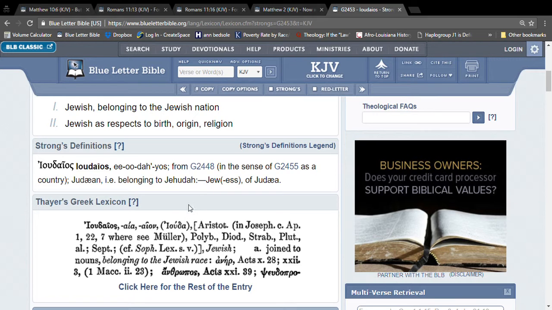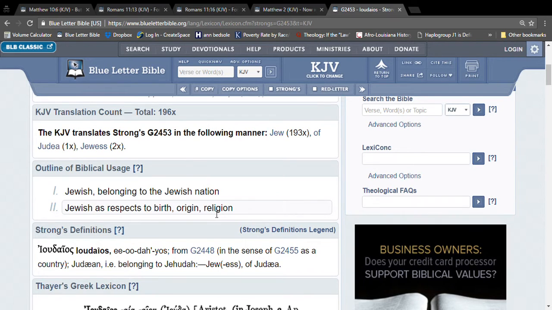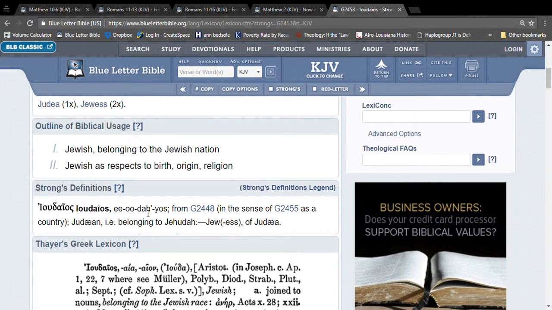It meant a person who belonged to the tribe of Judah. It meant a person who lived in Judea, or a person who practiced the religion Judaism. So now we can see how it can get very confusing very quickly. It could mean several different things.